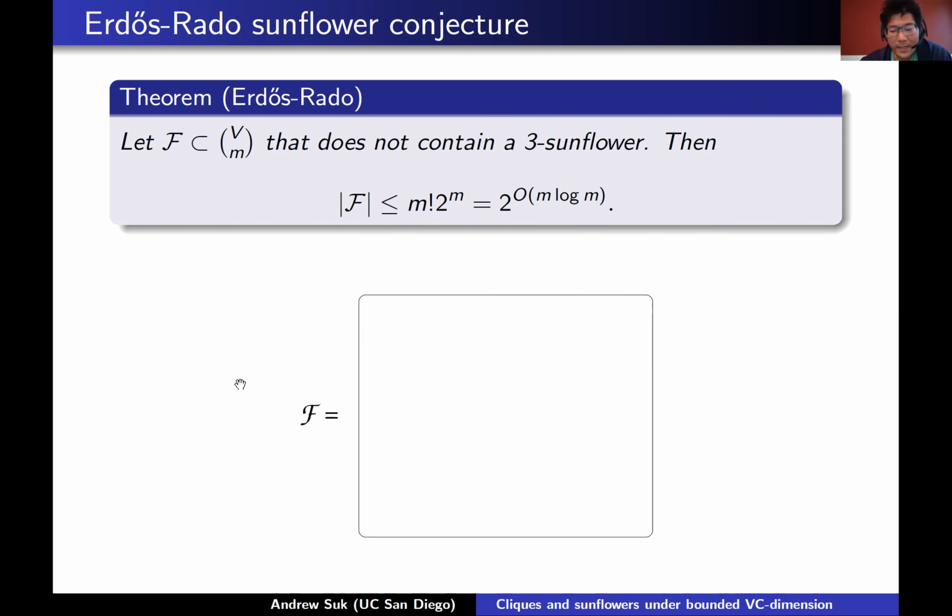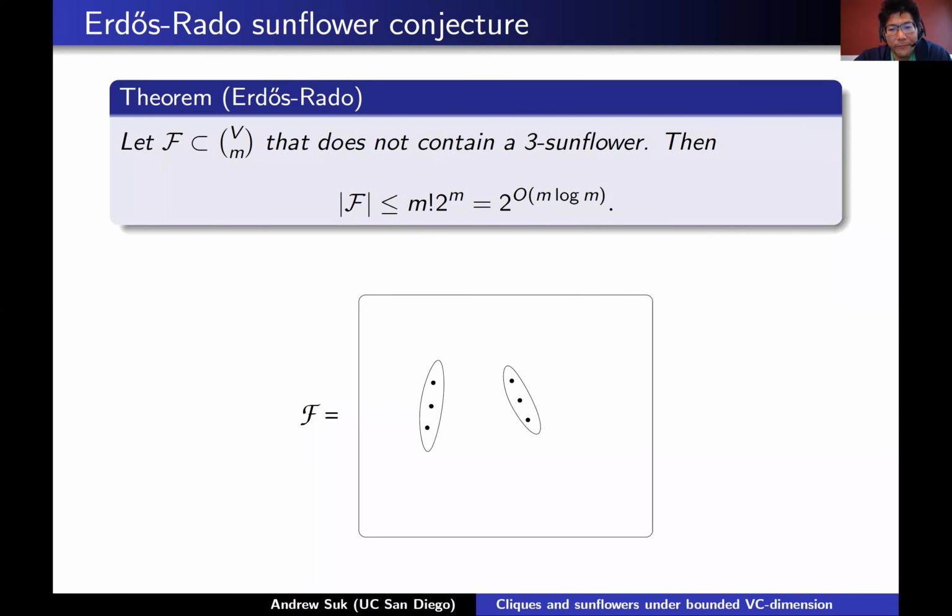So the proof is as follows. We know there's no 3 pairwise disjoint sets because that's a 3 sunflower. So we can just assume that there are 2 disjoint sets. And if not, our situation would be even better. So if I'm looking at these 2 disjoint sets, each set has m vertices inside. So I'm basically looking at 2m vertices.